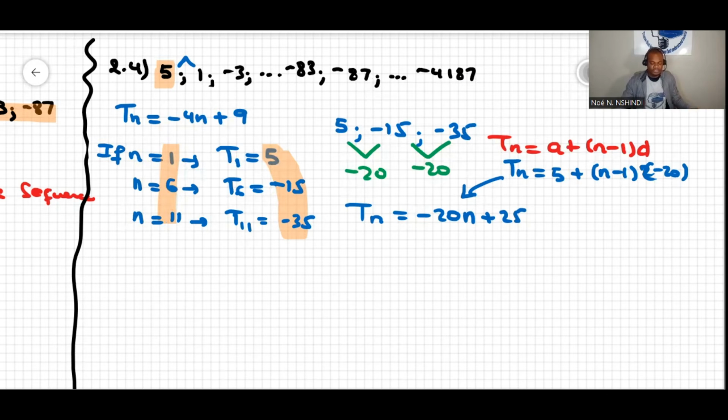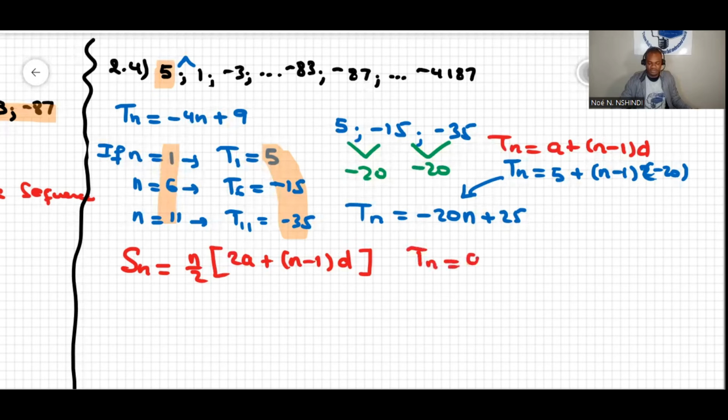We do know that Sn is equal to n over 2 times (2a plus (n minus 1) times d), and we also know that Tn is a plus... okay, I prefer to do this.